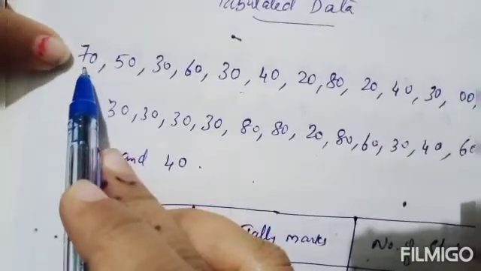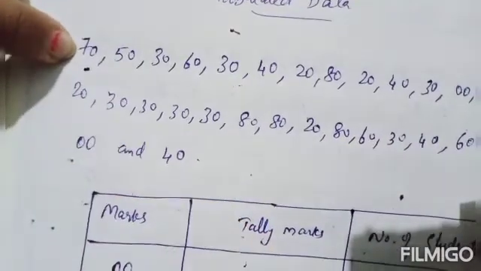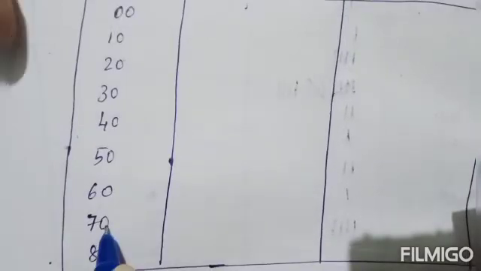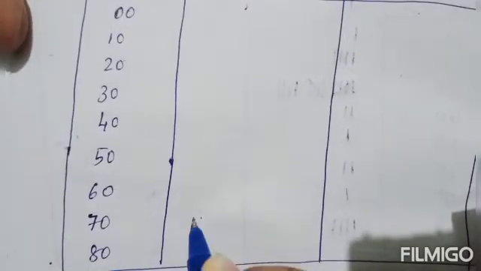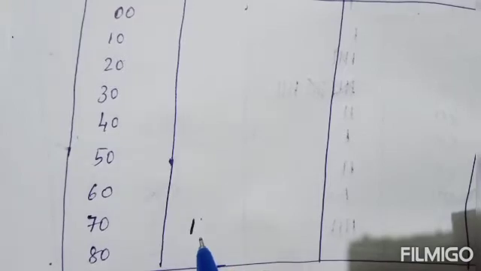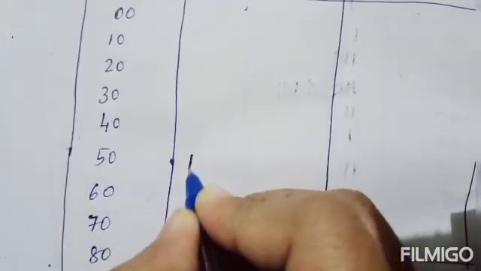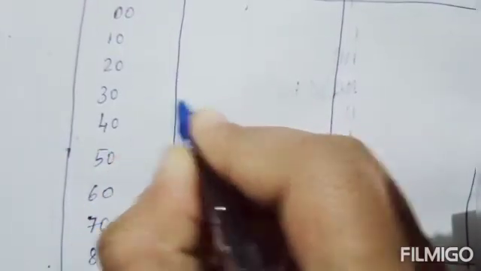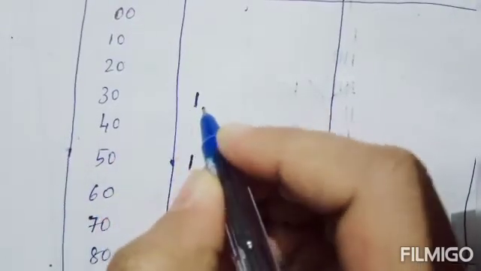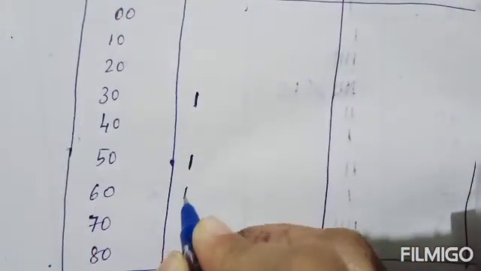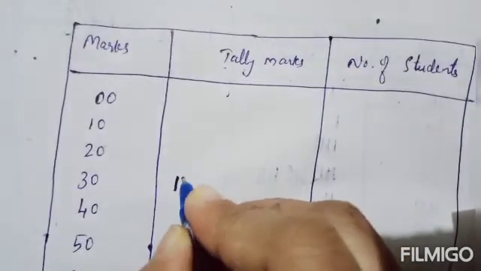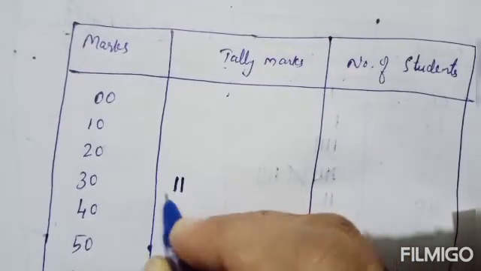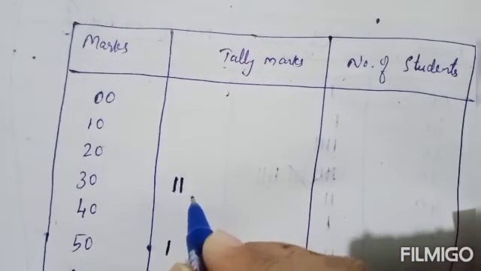Let us start from the first mark, 70. Straight to 70 you can put 1 bar. Next mark is 50, so straight to 50 you put a bar. Then 30, 1 bar. Then 60, 1 bar. Then again 30 comes, so you put a second bar along 30.